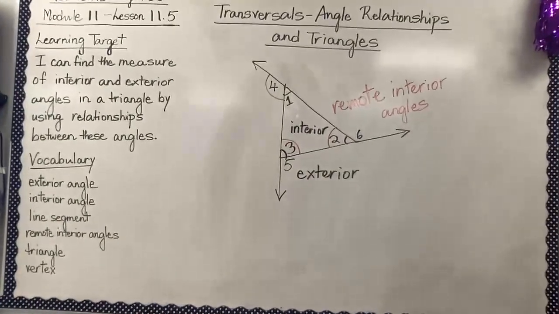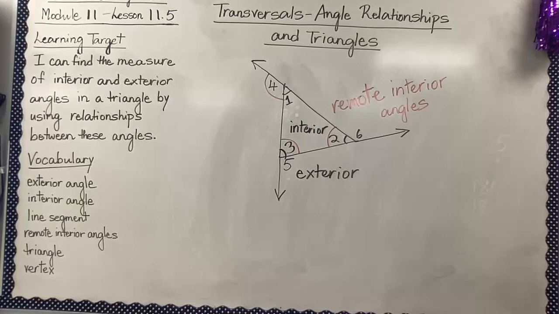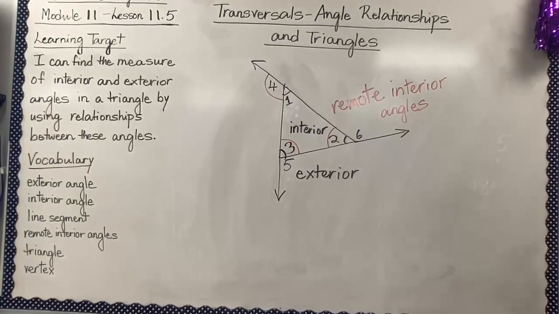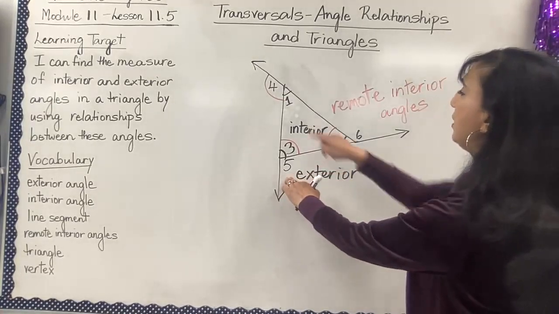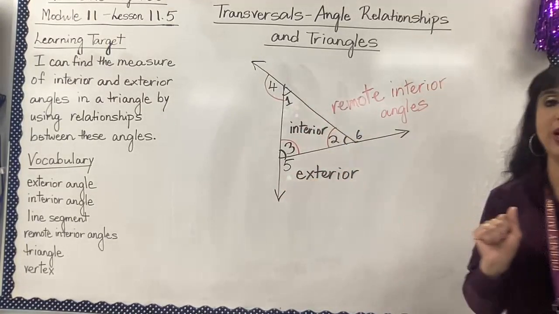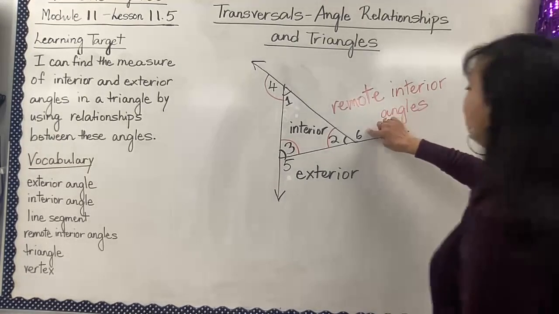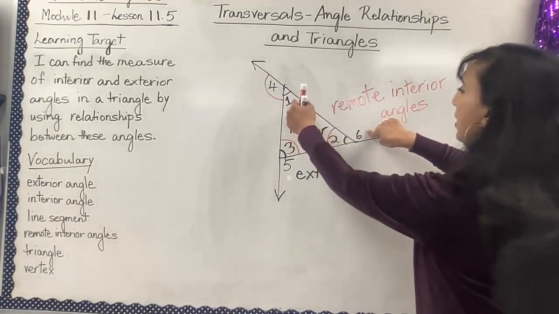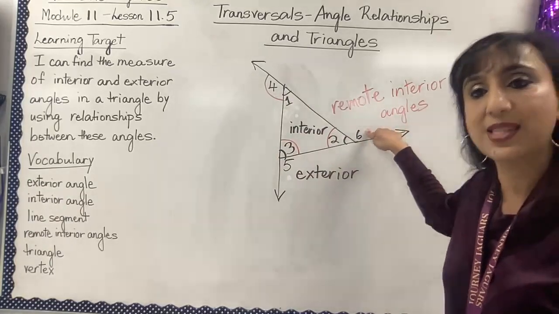And so let's look at angle 5. Which ones are going to be the remote interior angles? So it's not adjacent. So for angle 5, remote interior angles are going to be 1 and 2. Angles 1 and 2 are going to be for angle 5. Which angles are remote angles for angle 6? So here's angle 6, not adjacent. So these ones, 1 and 3, are the remote interior angles for angle 6.